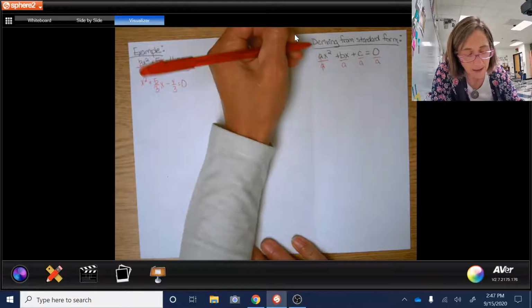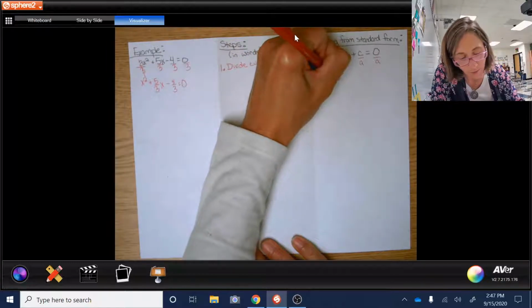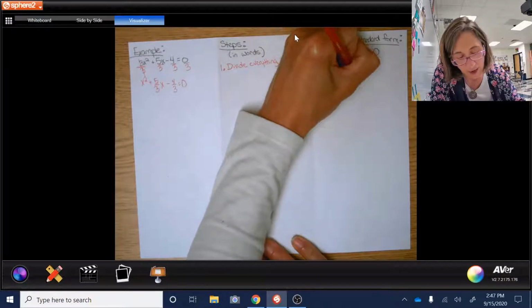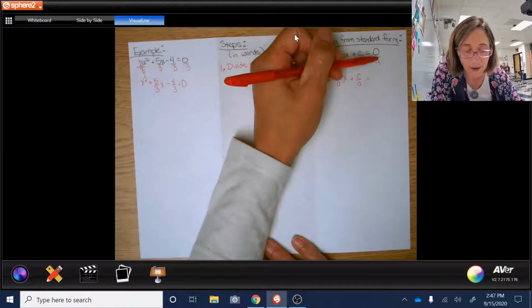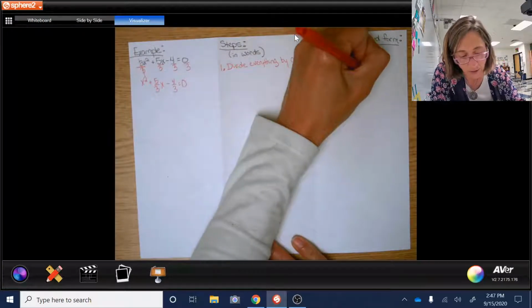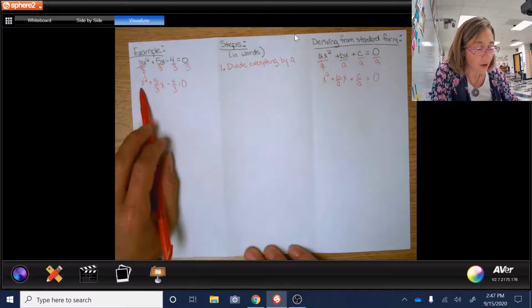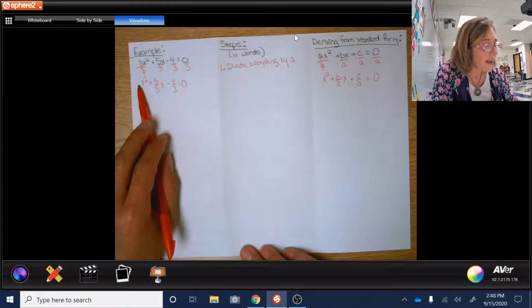Here my a's are going to cancel, so I'll have x squared plus b over a x plus c over a equals, now on the right side, 0 divided by anything is still 0. So I'm just going to write that as a 0. So at least now my x squared has a coefficient of 1. Okay, so that's good news.